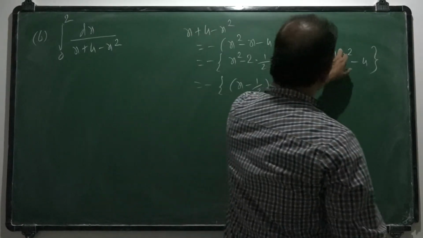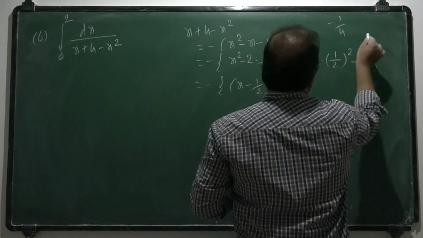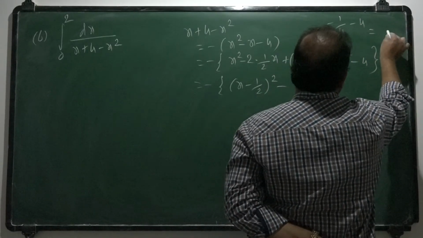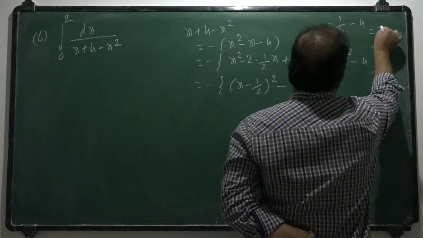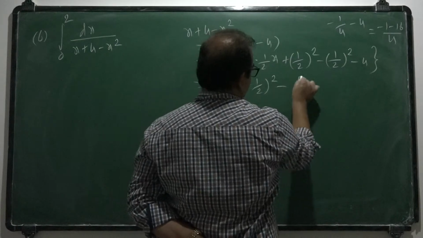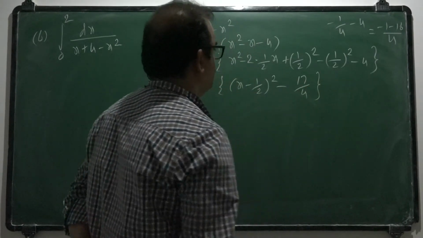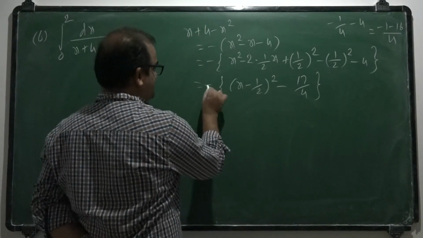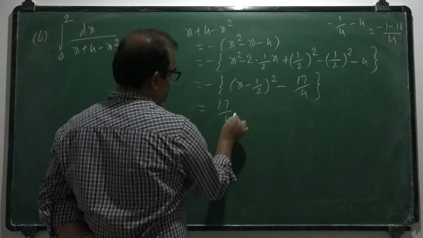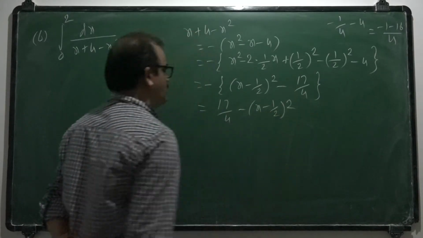Next, minus 1 by 2 whole square, that is minus 1 by 4 minus 4. What is the LCM here? 4 minus 1 minus 16, minus 17 by 4. Now take this minus into the bracket. It becomes 17 by 4 minus of x minus 1 by 2 whole square.